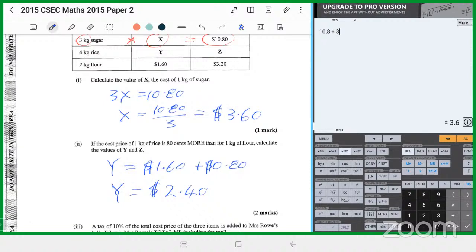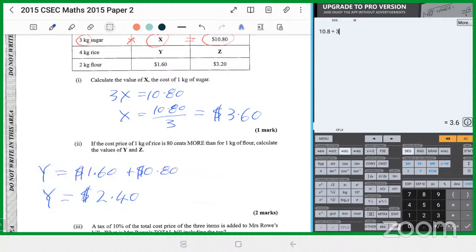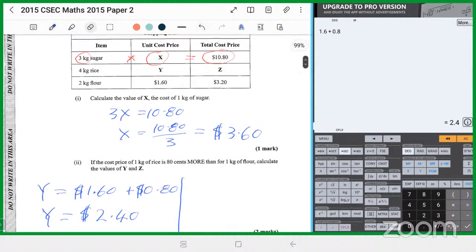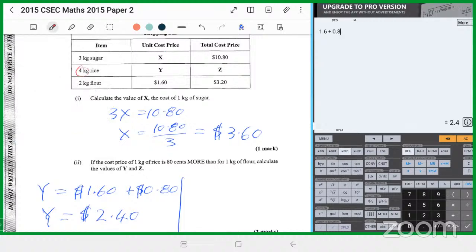But to go to that, you also want the z value. So let me shift this over. 1.6 plus 0.8 is 2.4, $2.40. Then you want the z value, in which now 4 times the y is equal to the z. So you can say the z is equal to 4 times the y.